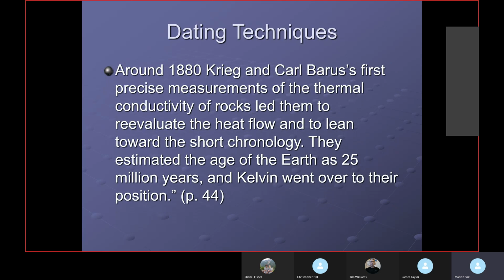But around 1880, Clarence King and Carl Barus made the first precise measurements of the thermal conductivity of rocks, which led them to reevaluate the heat flow and to lean toward the short chronology. They estimated the age of the Earth at 25 million years, and Kelvin went over to their position. So now we've downgraded it from 100 million to 25 million years. And of course, that's assuming it started out as molten rock and wasn't cooled off by God in his creation. And of course, that's assuming there's no God.